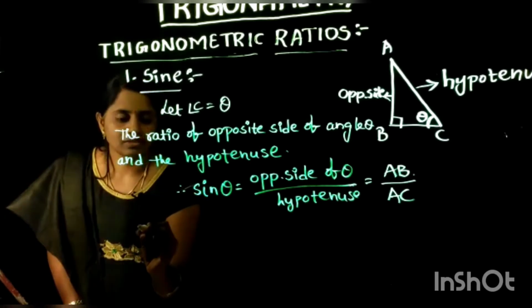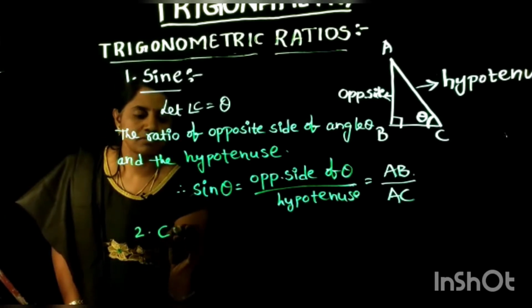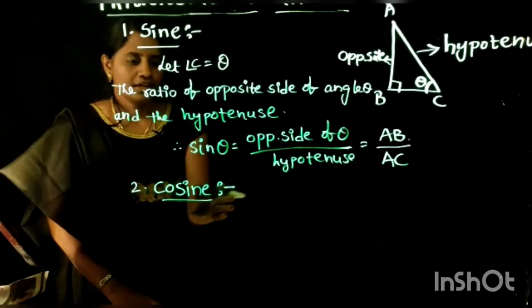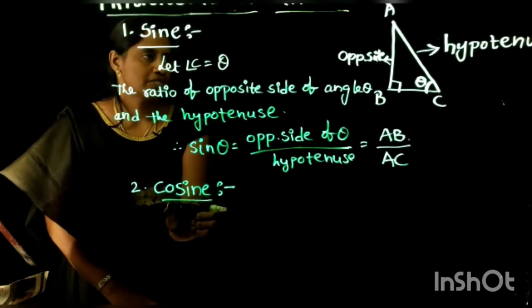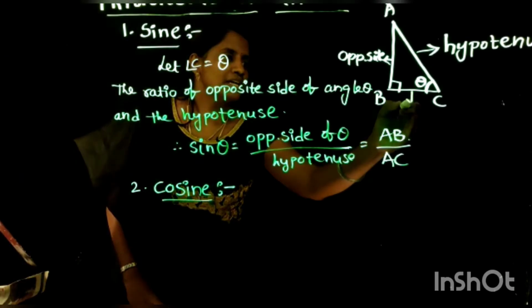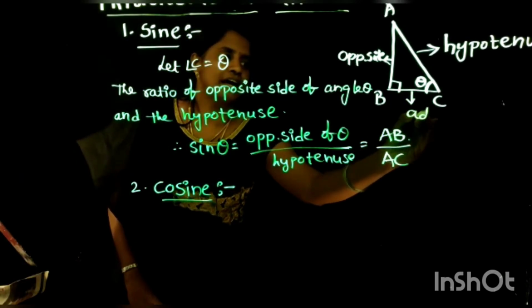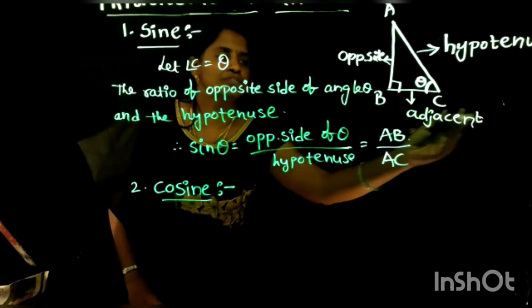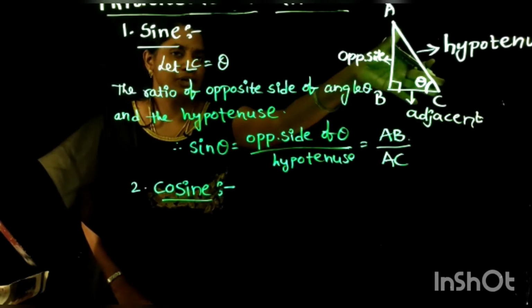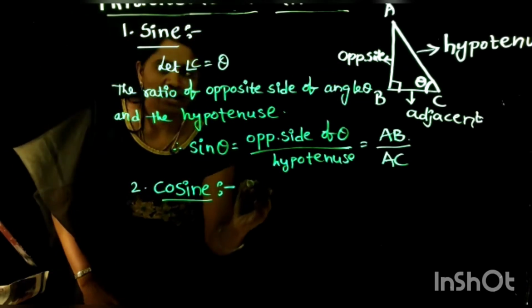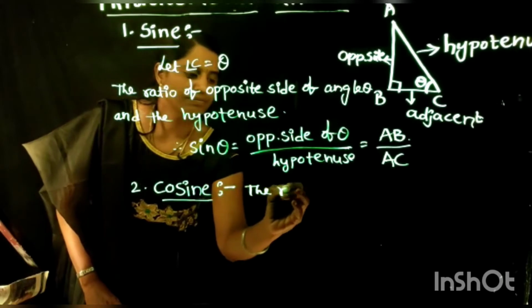Now cos, which means cosine. How do we define the cosine? Already we know this side is called the adjacent side. The ratio between the adjacent side and the hypotenuse is called the cosine.